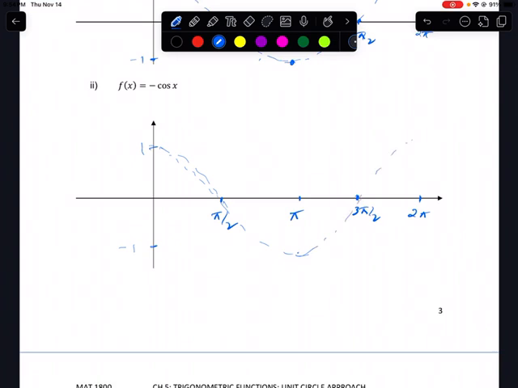Now what is this? This is a flip over, or reflection over, the x-axis. So it will now be like that.